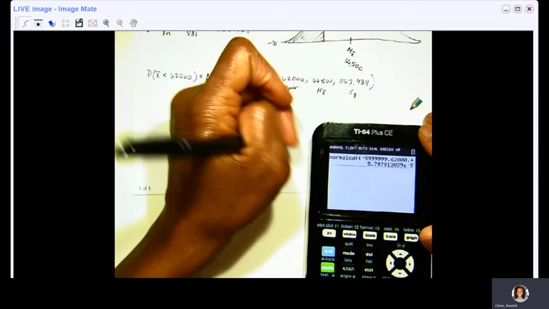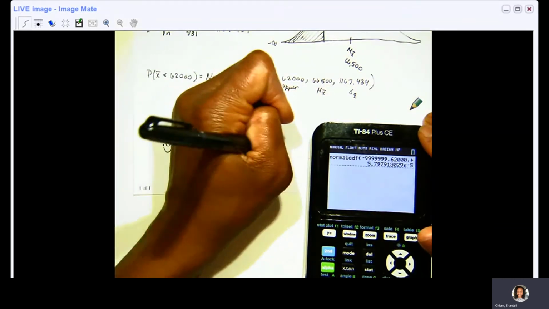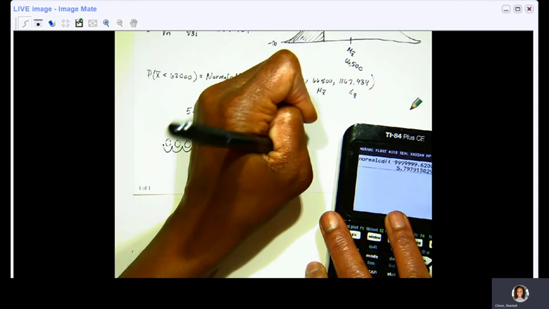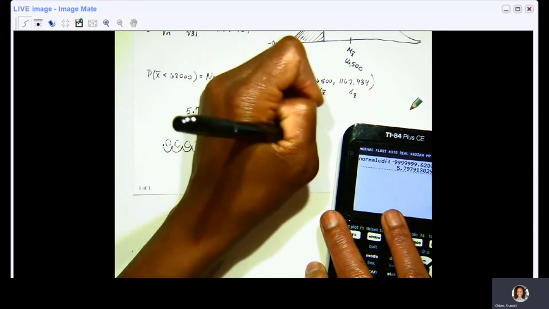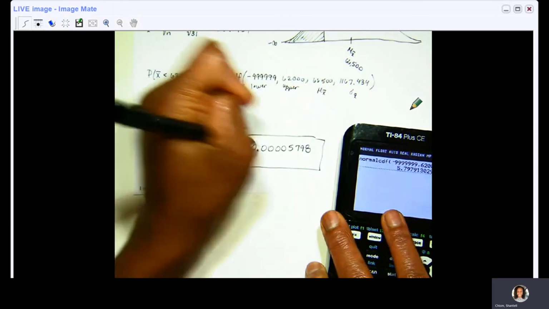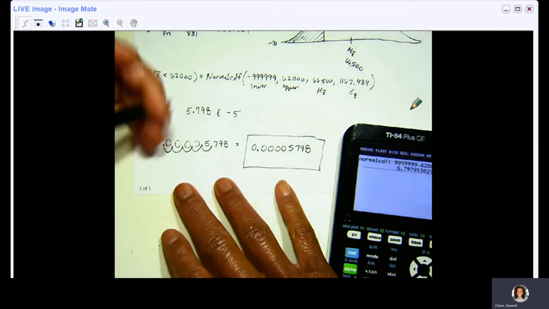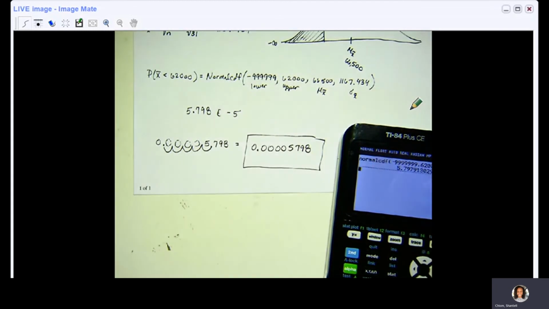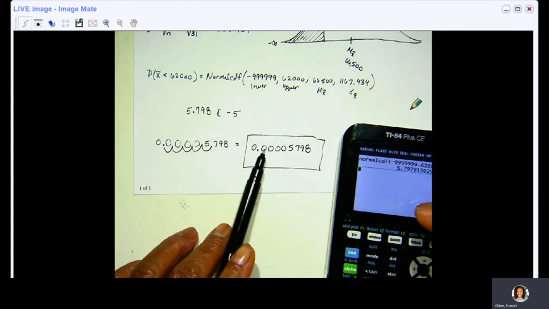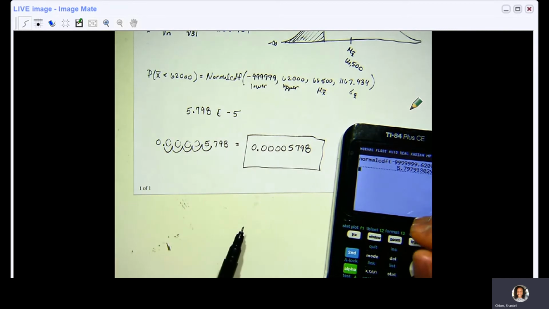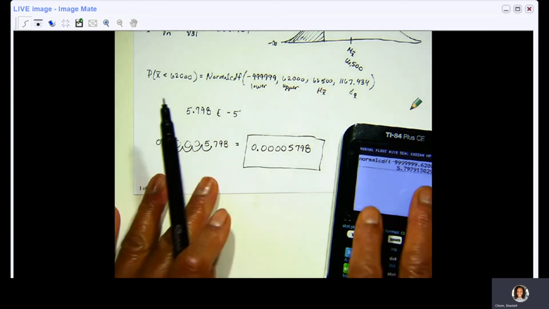I need 4 zeros. That is my probability. And the 0 in front of the decimal, you can put it in there if you want. It doesn't matter. Just make sure you got the correct number of zeros after the decimal place. So that is a very small probability.